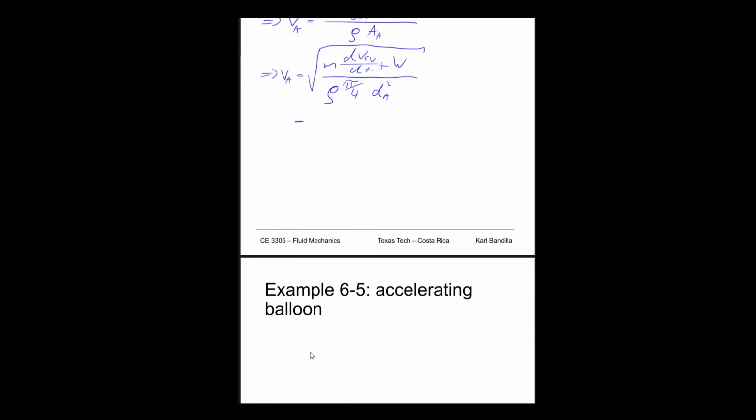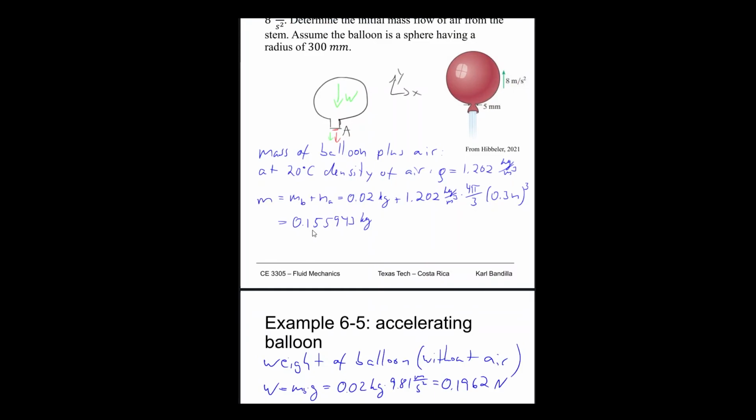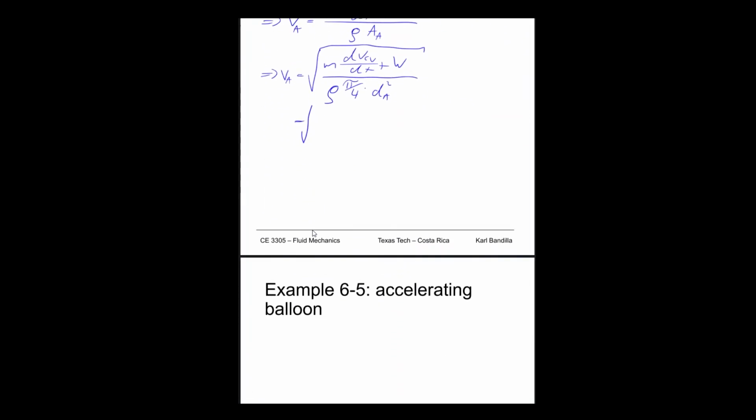Plug those values in, and we get something big, right? So our mass that we calculated, that was the mass of the balloon and the air, was 0.155943 kilograms.